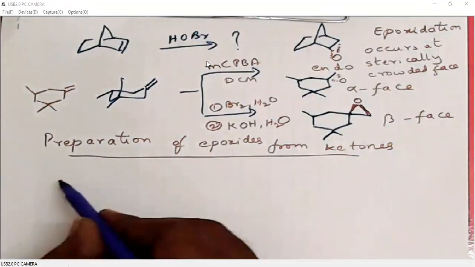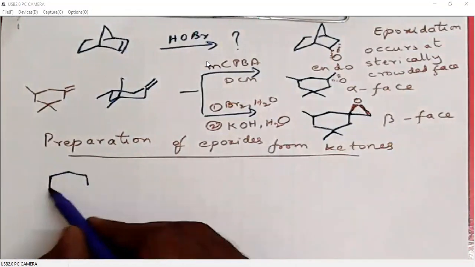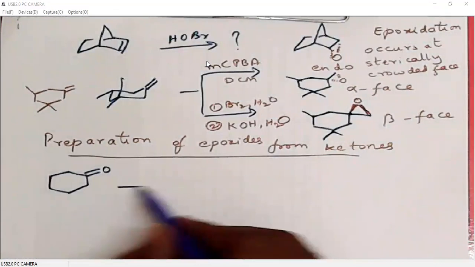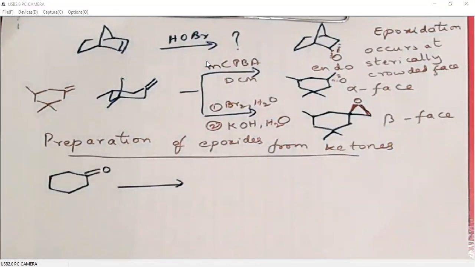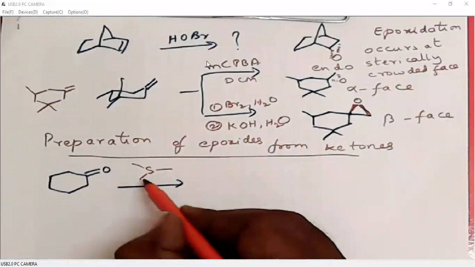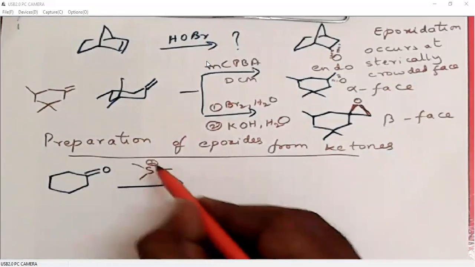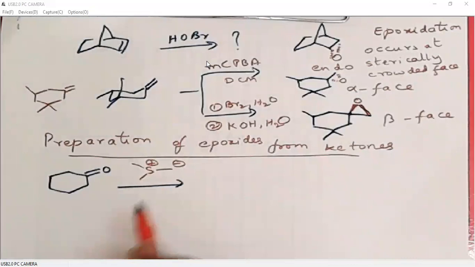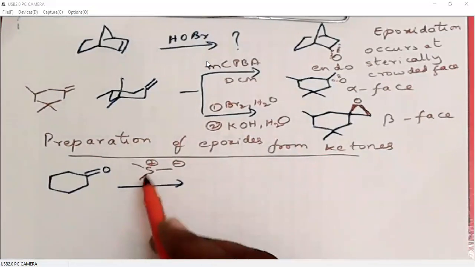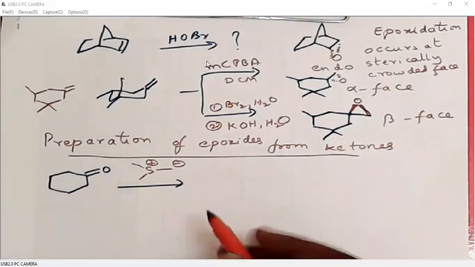I'll take this cyclohexanone when it is treated with dimethyl sulfonium methylide. So the methyl group will have a negative charge, and sulfur will be positively charged.